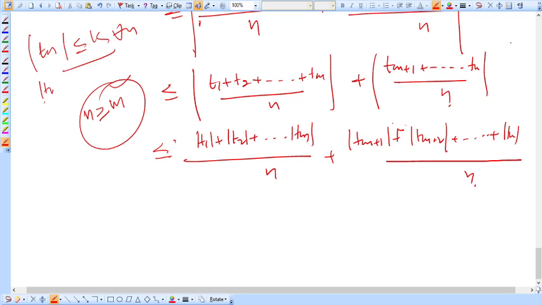Also we saw tn is less than epsilon by 2 for all n greater than or equal to m, these two things.